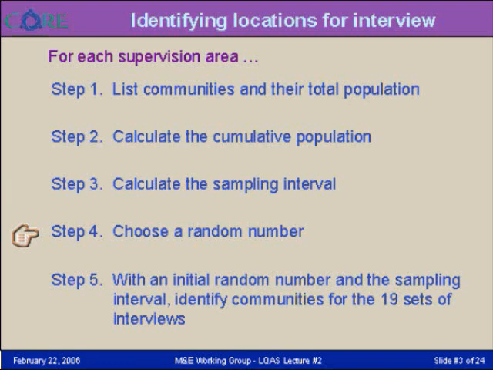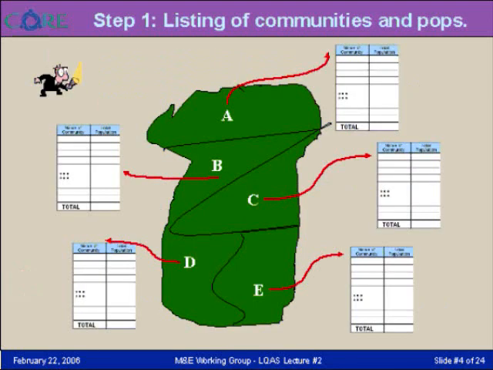Step number 4, we will pick a random number from a random number table. And finally, in step number 5, with that initial random number and the sampling interval, we will be able to identify communities for the 19 sets of interviews we need to conduct in the supervision area.